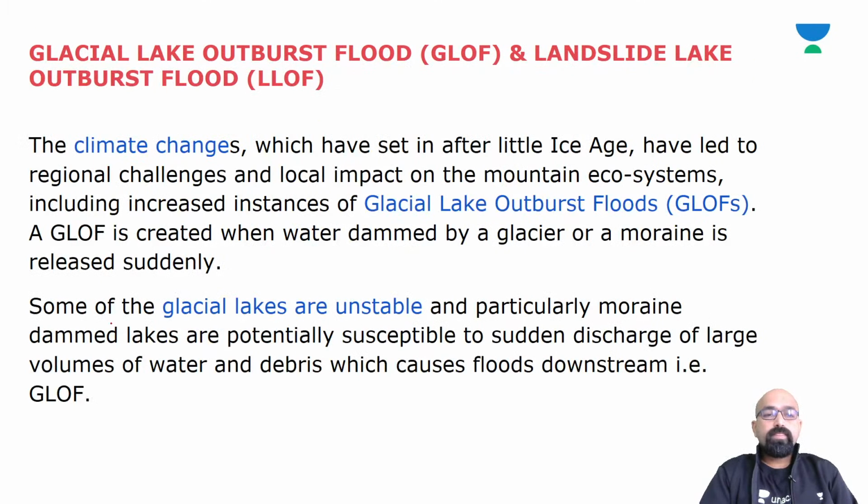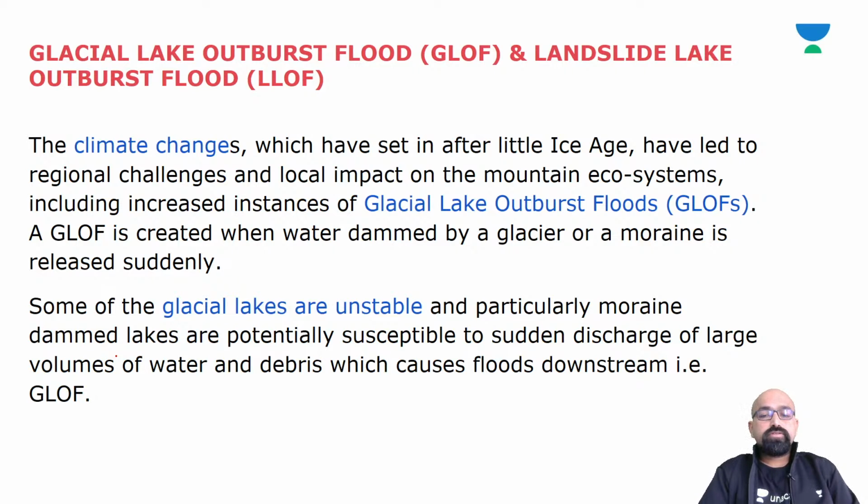Now, glacial lake outburst flood, GLOF, and landslide lake outburst flood. What is meant by that? As we have seen, the information regarding the glacier burst in Uttarakhand's Chamoli district damaged the Tapovan Vishnugad hydropower project, which has 520 megawatts capacity and is still under construction.